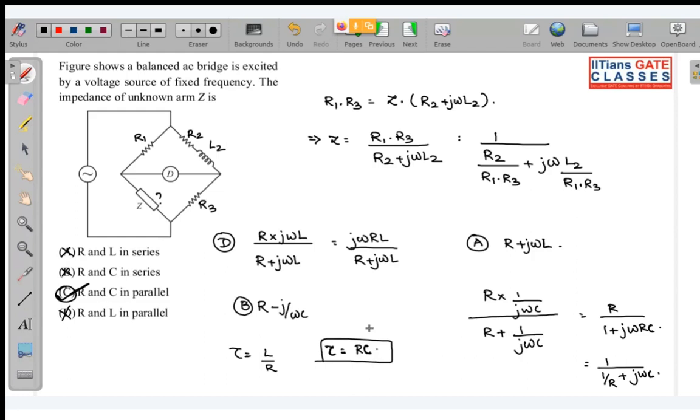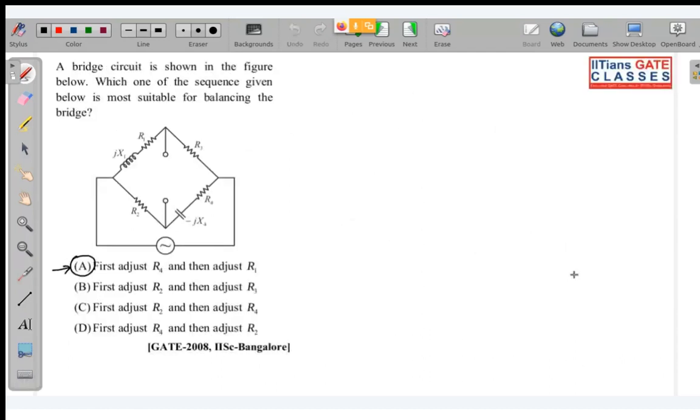And directly also, if you didn't want to solve, this is basically Maxwell's bridge. But it's okay if you don't remember, no need for memorizing. This will take only 30 seconds to solve. If your network is very good, it will take you just 30 seconds to solve this question. So next, tell me, what about this one?